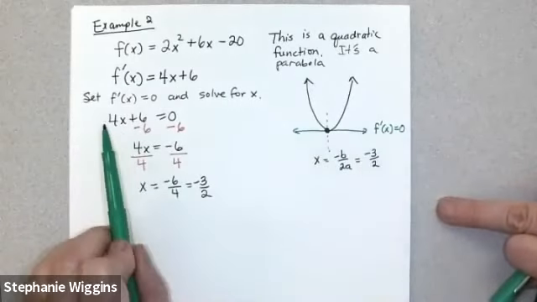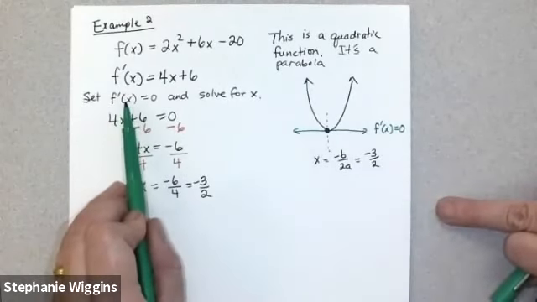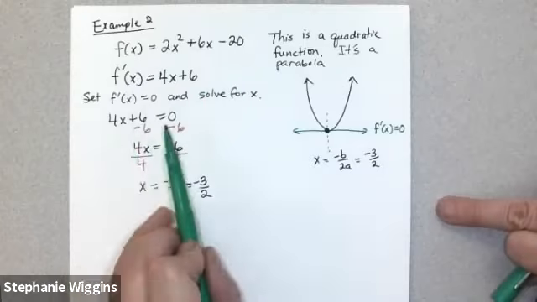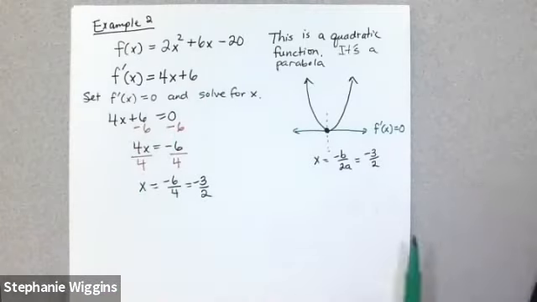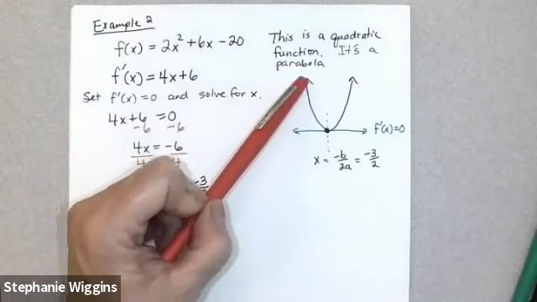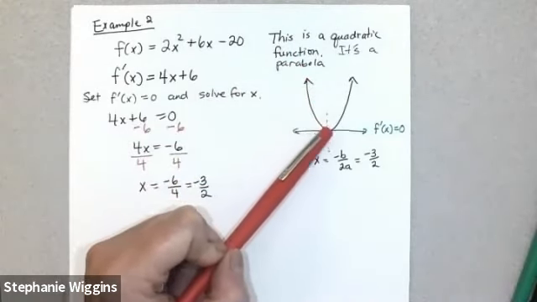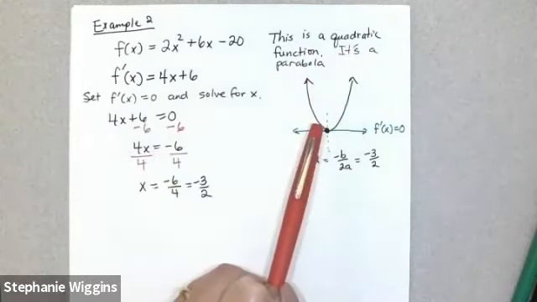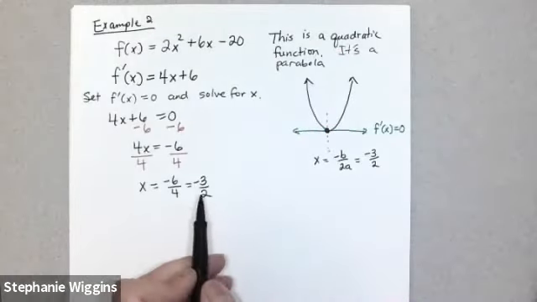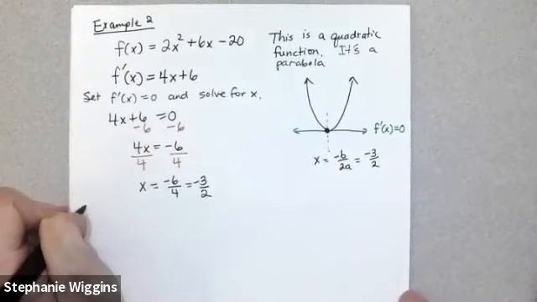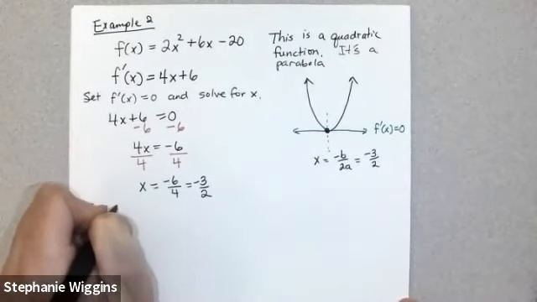Okay? Well, that's exactly what I did. I took f prime of x, which is 4x plus 6, set it equal to 0, and I got that x is equal to negative 3/2 right there. Okay? So what that says is the function is decreasing, and then suddenly here it changes to increasing, and that's a critical point.